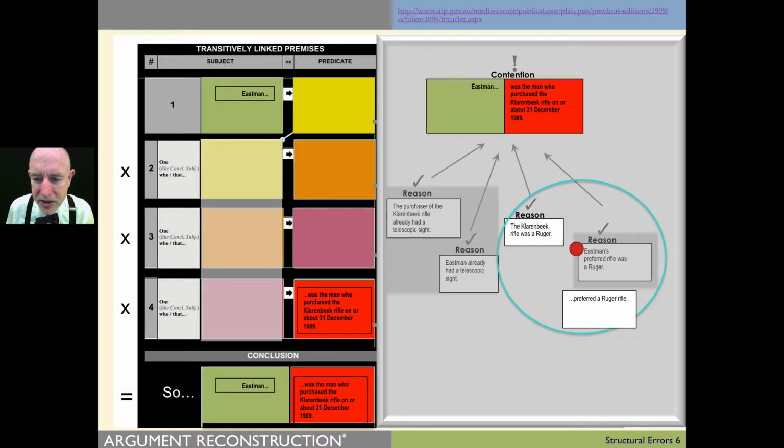And here I can see Eastman's name, so that gives me a clue that I'm going to be able to use this predicate here, preferred Ruger rifle. So I moved that one up into our first premise, trying to see how it fits. And I have my first premise as Eastman preferred a Ruger rifle.